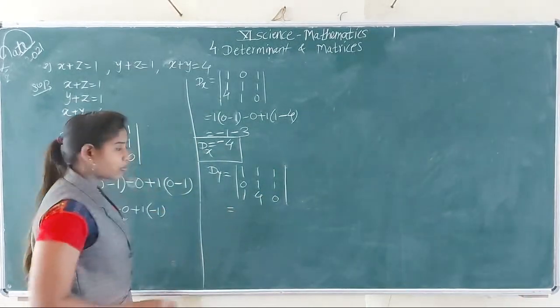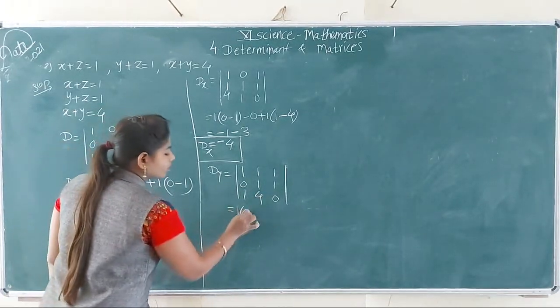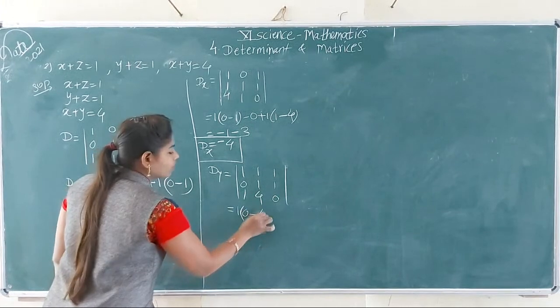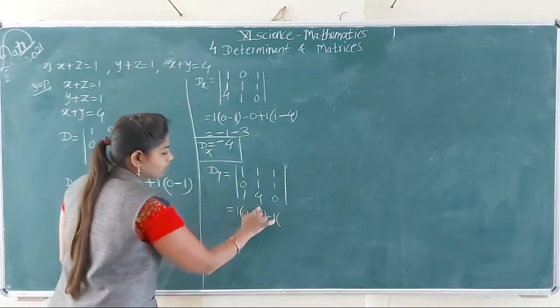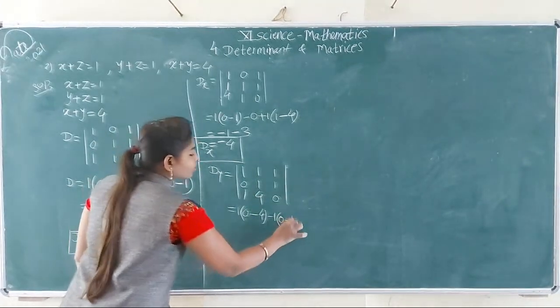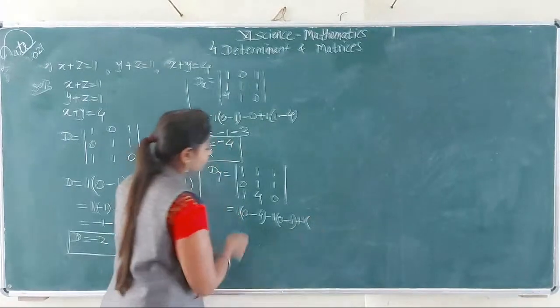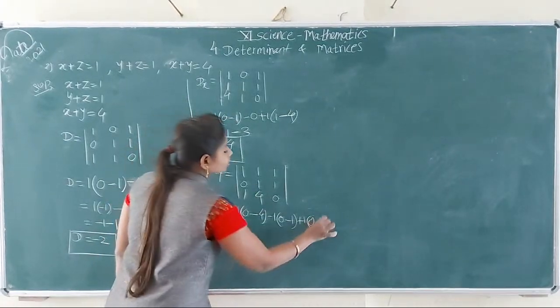Then take this cross multiplication, that is for this determinant. 1 into 0 is 0, minus 4 into 1 is 4, minus 1 into 0, delete first row, second column. 0 into 0 is 0, minus 1 into 1 is 1, plus 1 into 0 into 4 is 0, minus 1 into 1 is 1.